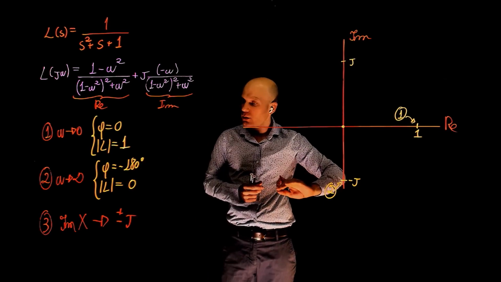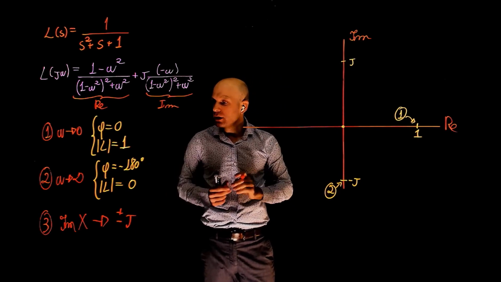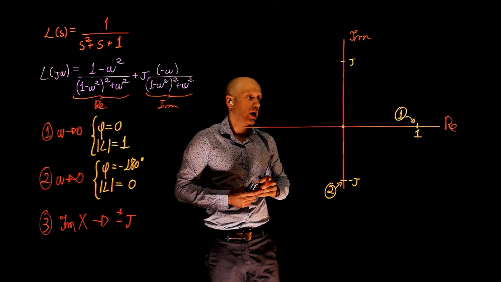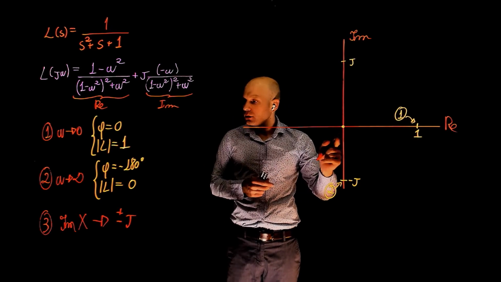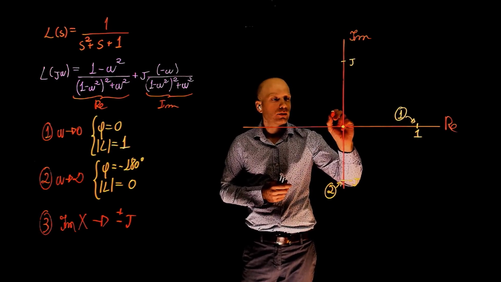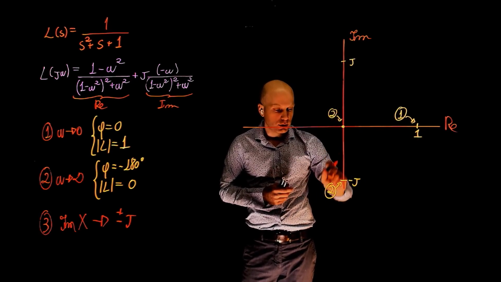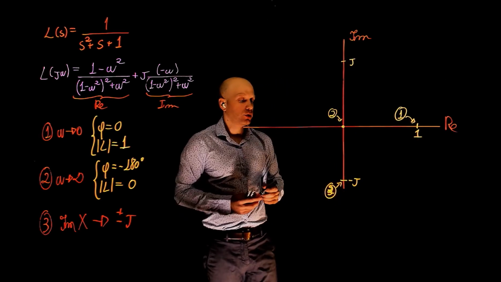So this Nyquist plot has to go to 0 tangent to a line that has a negative 180 degree angle. Now we have all the elements here. This is the second point. This, in fact, is the third point, to avoid confusion there.